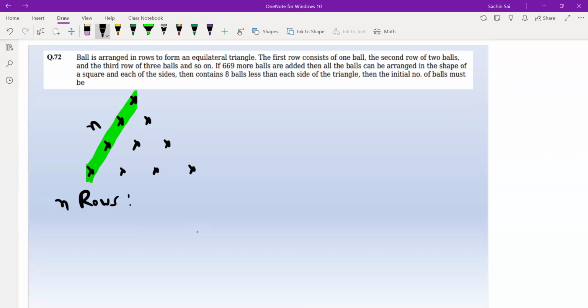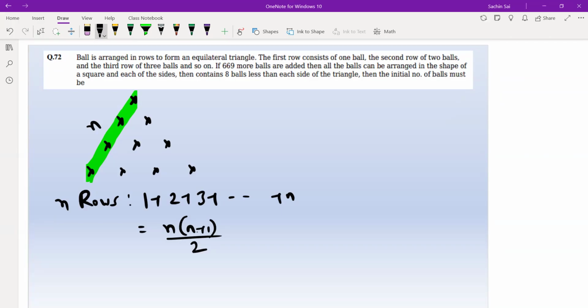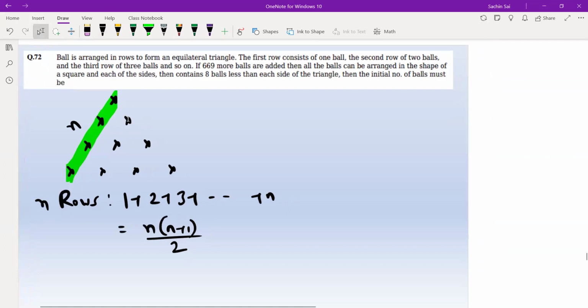So how many balls will fit in n rows? That will be 1 plus 2 plus 3 and so on up to n, because the first row has 1 ball, second row has 2 balls and so on. The nth row will have n balls. So this is n times n plus 1 by 2, right?